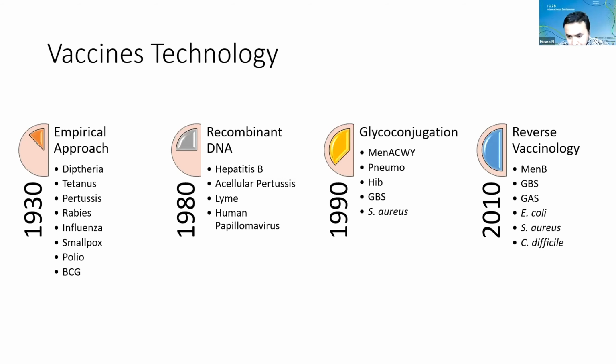And around 20 years afterward, scientists also started to improve the technology using reverse vaccinology in 2010. It started with the development of vaccines for meningitis B, GBS, GAS, E. coli, Staphylococcus aureus, and other bacteria.